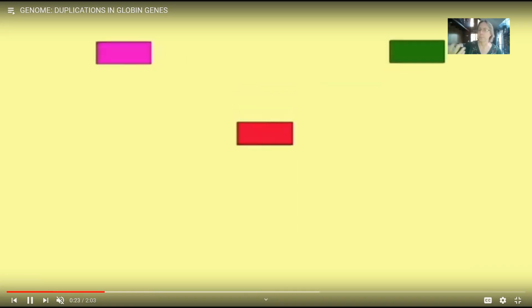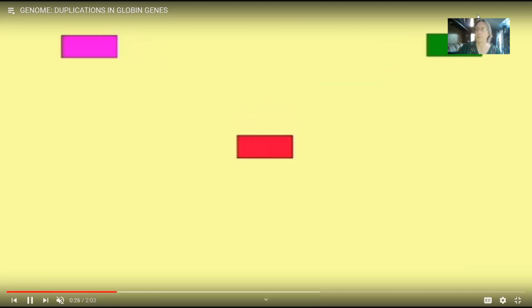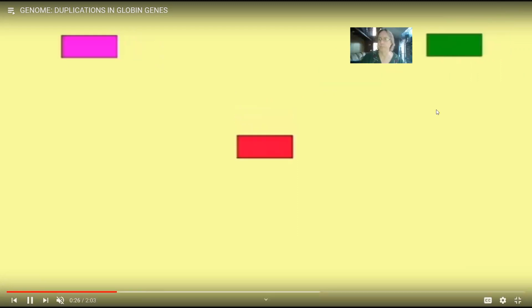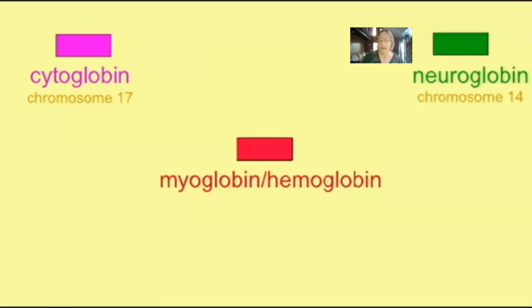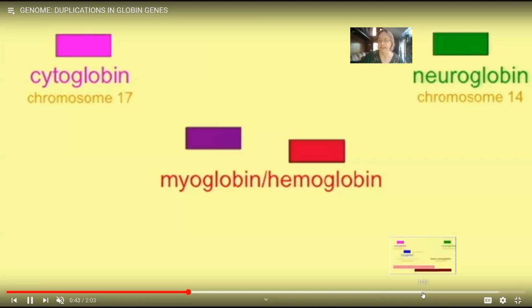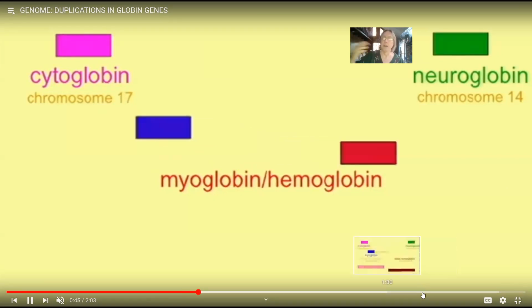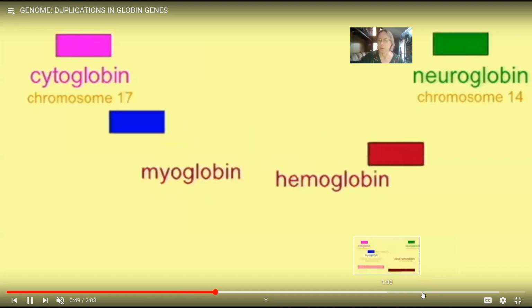Sometimes genes can be duplicated individually, but sometimes whole chromosomes or sections of chromosomes can be duplicated. And so if you ask, why do we have multiple globin genes? So there's myoglobin and hemoglobin, there's alpha hemoglobin and beta hemoglobin. The reason then is that over time, genes and sometimes chromosomes and chromosomal regions were duplicated.